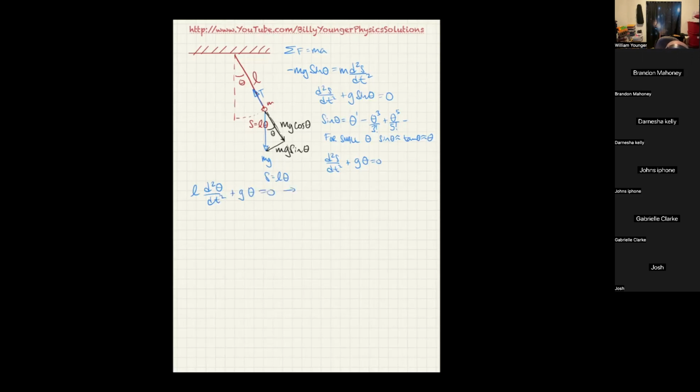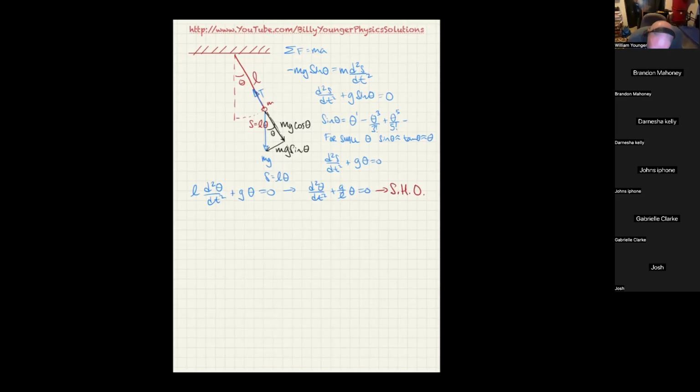Divide through by L, and I get d2 theta over dt squared plus g over L times theta is equal to 0. Now we have the simple harmonic oscillator equation.